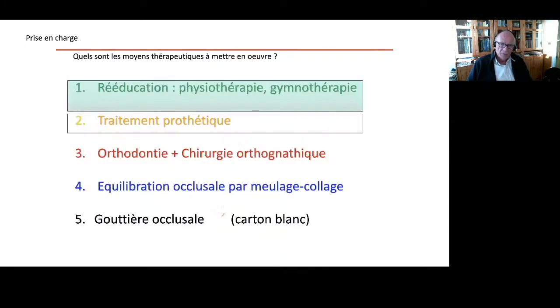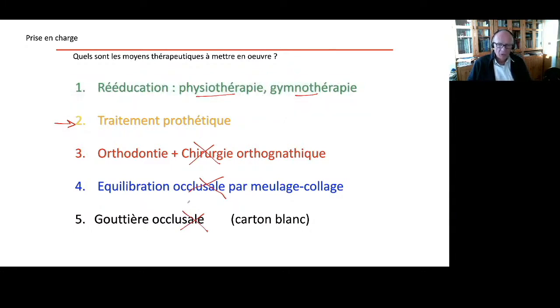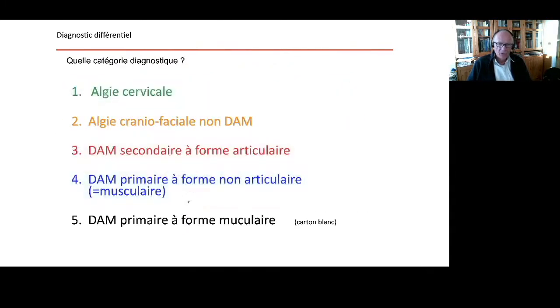What type of treatment? Physiotherapy, gymnotherapy, and prosthetic treatment. No surgery and orthodontics. No occlusal adjustment. No splint. Because the patient needs a prosthetic treatment because of the dental status.